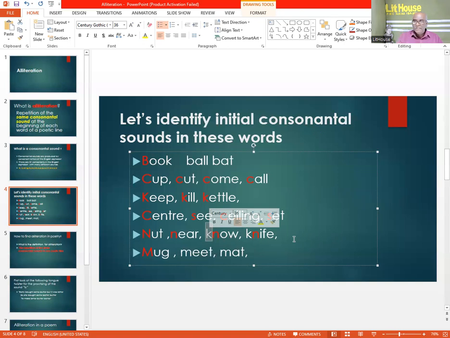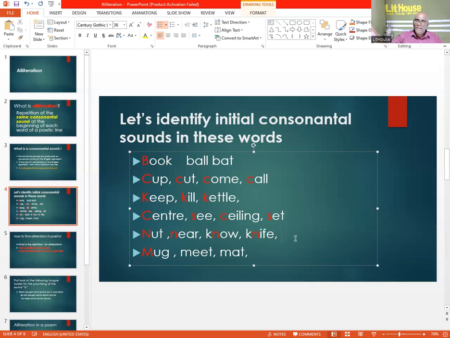We speak the word no, forgetting K. The same thing in the word knife. We forget K, we pronounce sound N, knife.